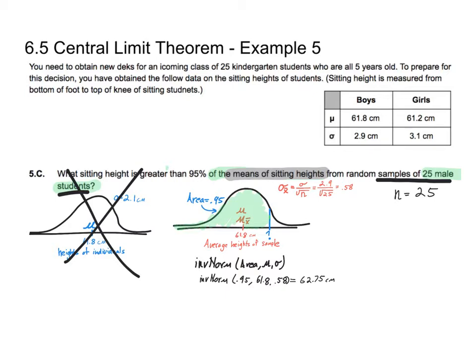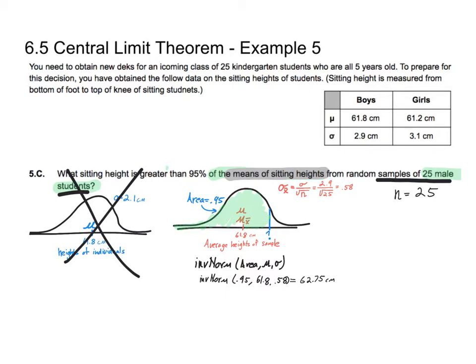This is saying if you took the average of 25 students' heights, that average 95% of the time will be below 62.75. It's not saying that 95% of the students will be below 62.75.